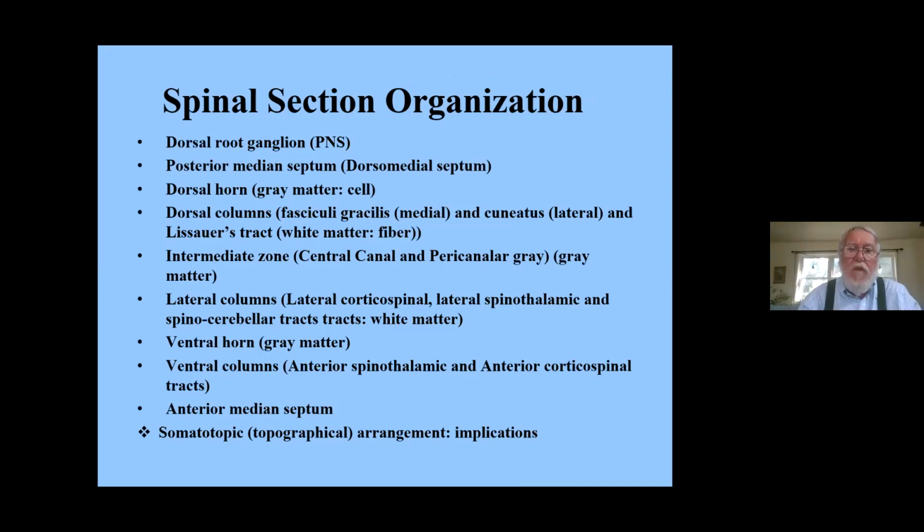Okay, so now when we are looking at spinal sections, we're going to be looking at a whole bunch of these things, and I'm just going to go through each one of these terms. The first thing I want to talk about is the dorsal root ganglion, or DRG.